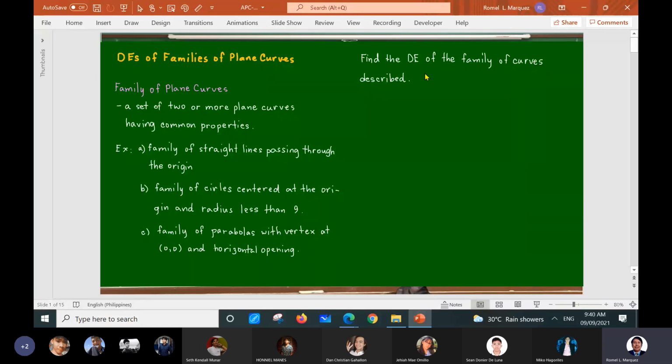Sketch some representative members. Sketch at least three representative members.